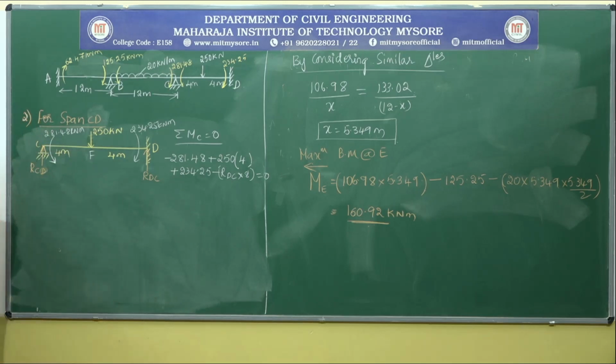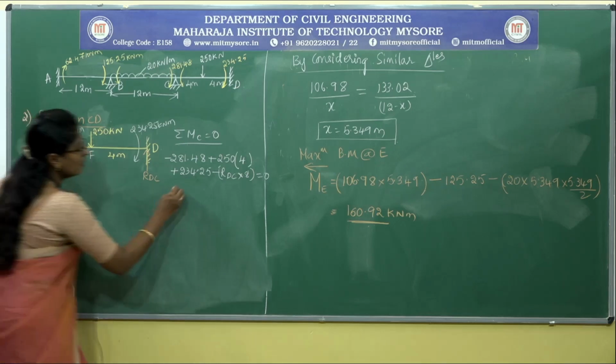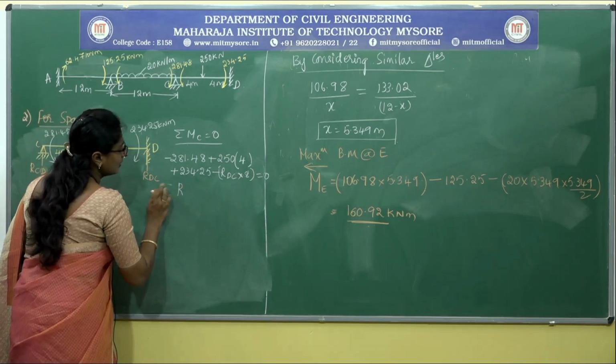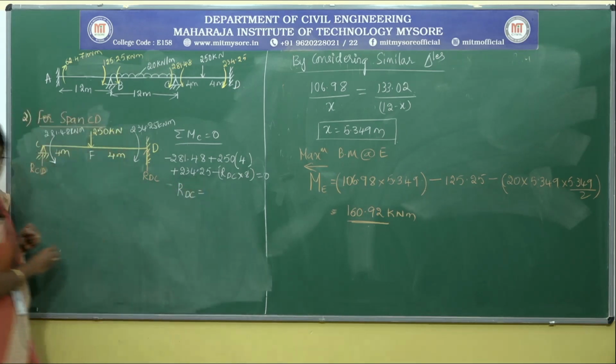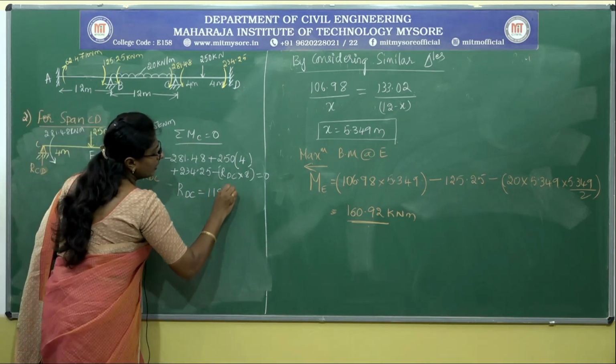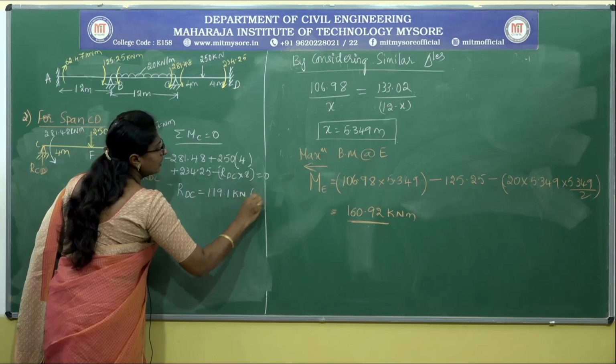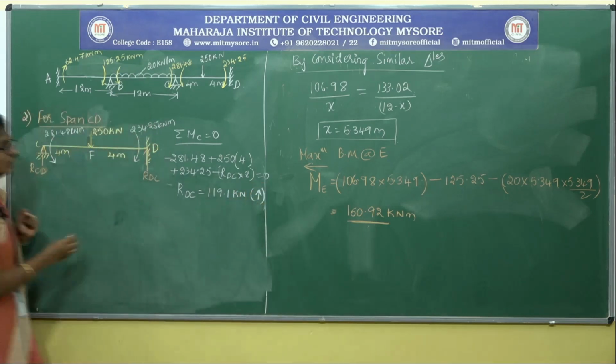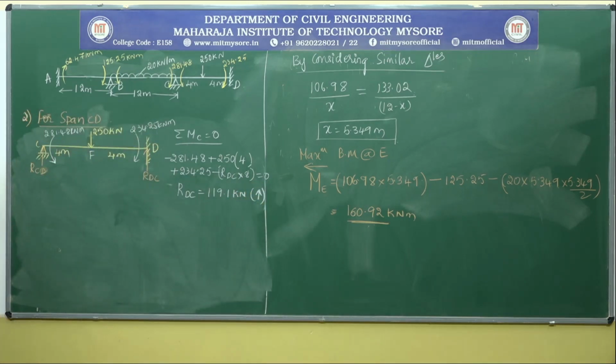So here we get the value for RDC equal to 119.1 kilonewton. It is positive, I consider it in the upward direction.